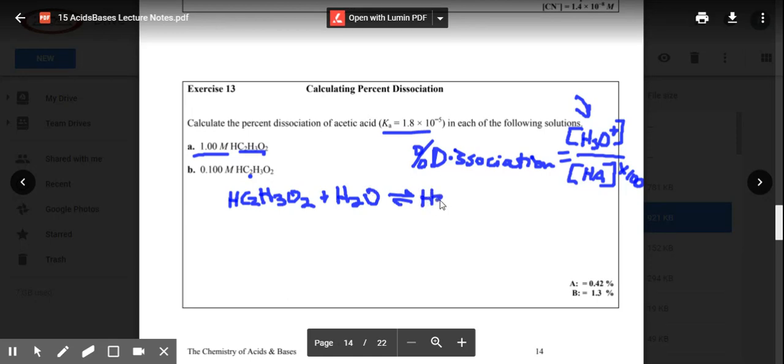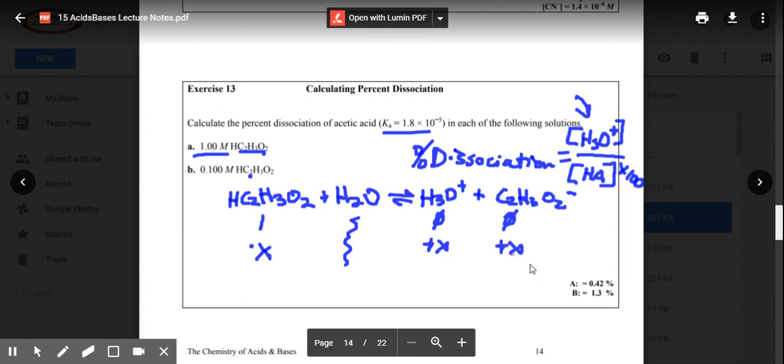So we have H3O+ plus C2H3O2 minus. Water isn't included here. We have 1 molar starting here, 0, 0, minus x, plus x, plus x. We have 1 minus x, x, and x.